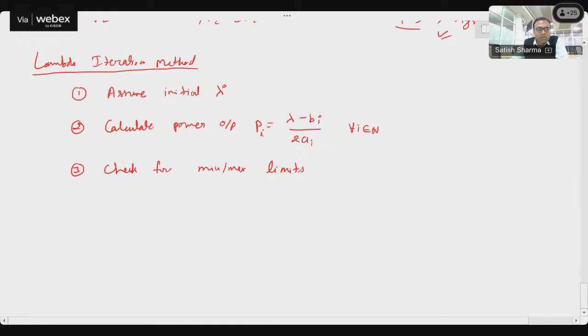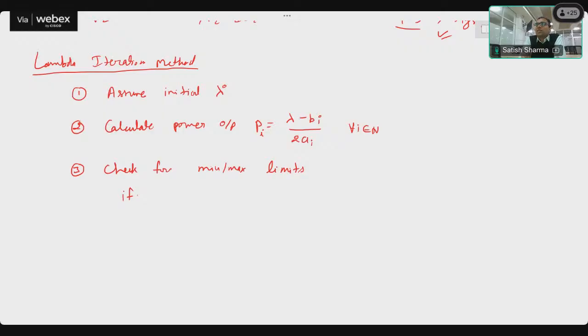One more thing: whenever we are looking at these limits, as we discussed in the last class, if multiple limits are being hit, we will first enforce the maximum limit and keep that generator output as a constant.